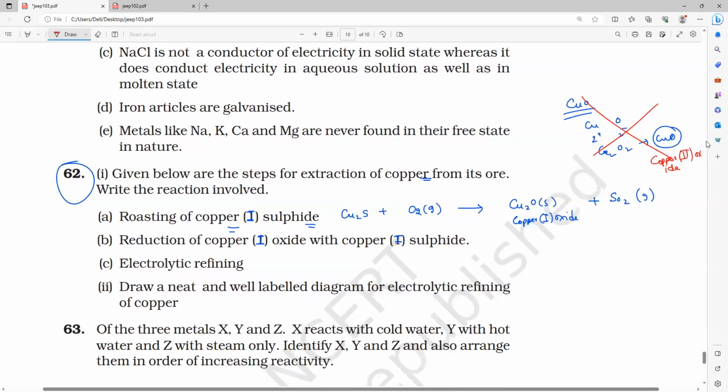So balance it, everybody. What is the balanced equation? Balanced equation. So 2Cu2S, which is in solid state, reacting with 3 O2 will give you 2Cu2O plus 2SO2.